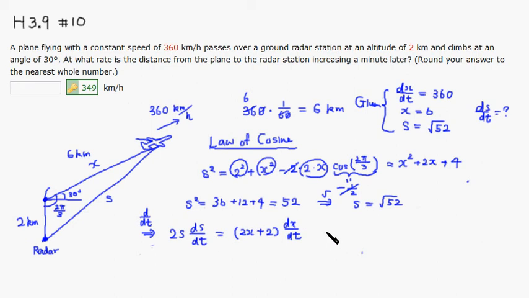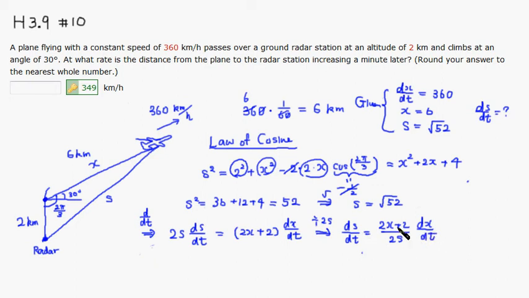Then we can isolate ds over dt by dividing through by 2s, to get ds over dt is equal to 2x plus 2 over 2s times dx over dt.